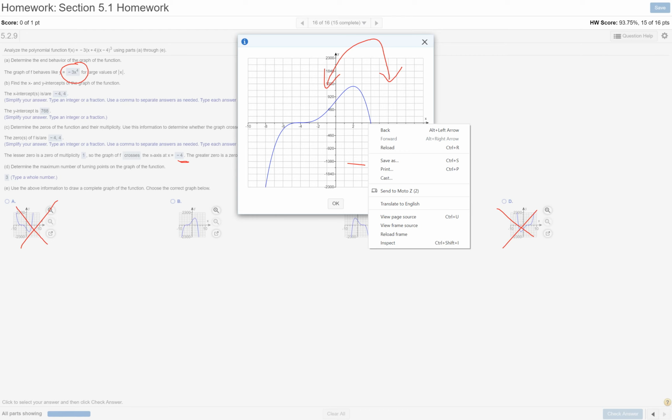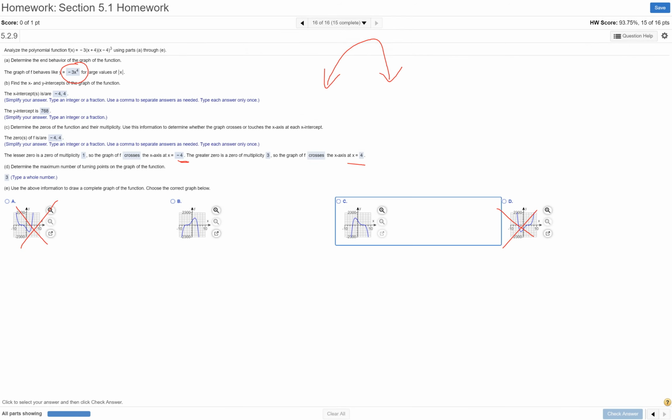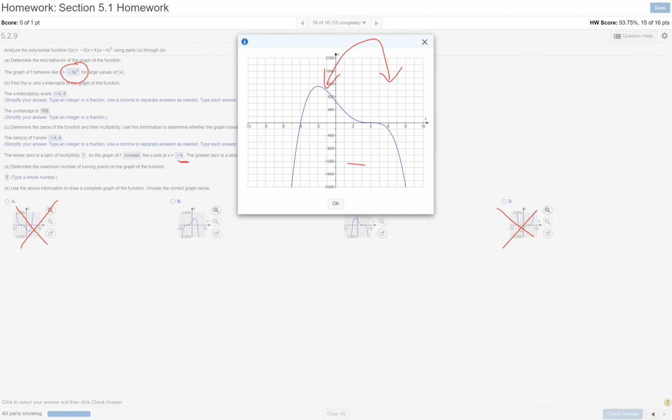Okay, let's look at the next one. This one says negative 4 and positive 4 with the y-intercept. Oh, okay. So in this particular case, guys, we're going to have to figure out something else, because you notice that they all share the same characteristics. They're going through each of these points, which is perfectly valid. They're going down.